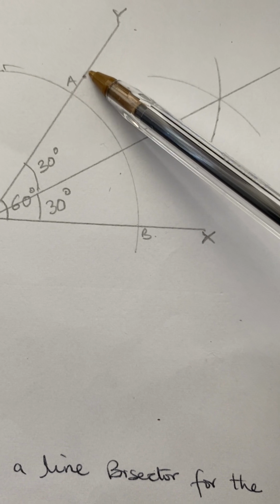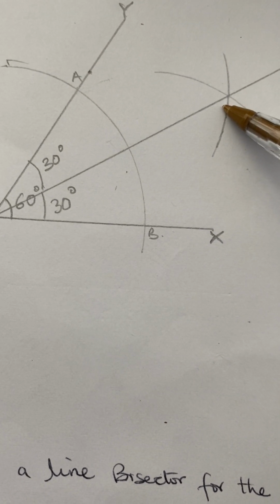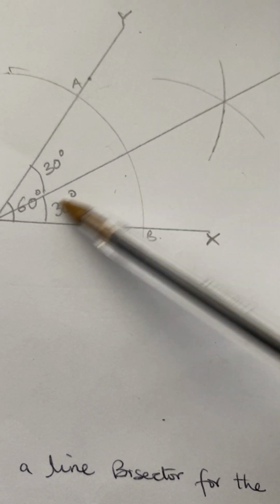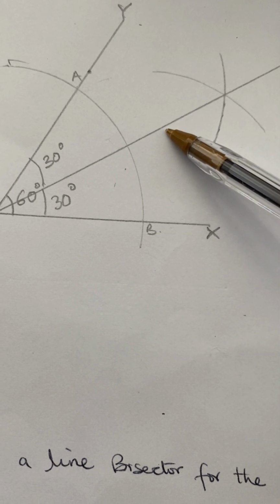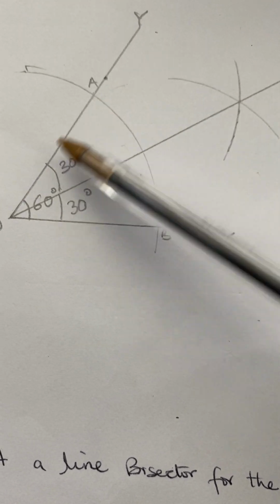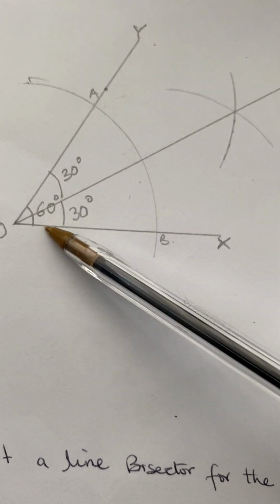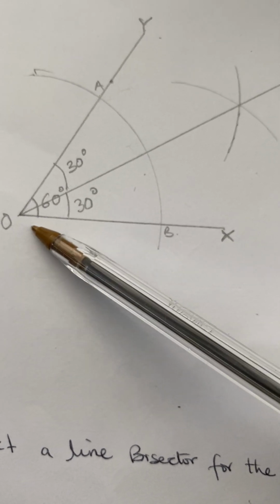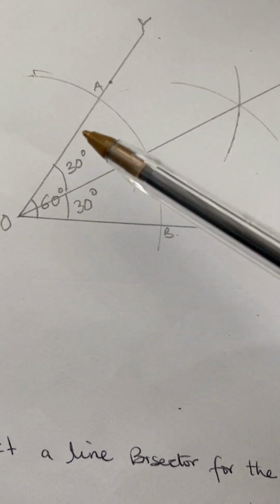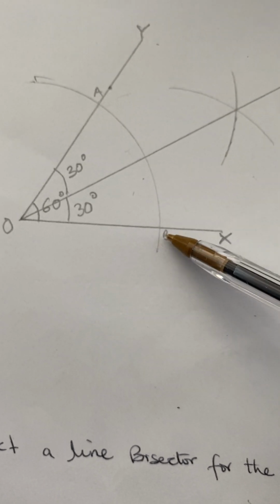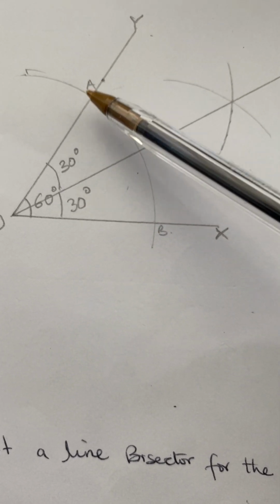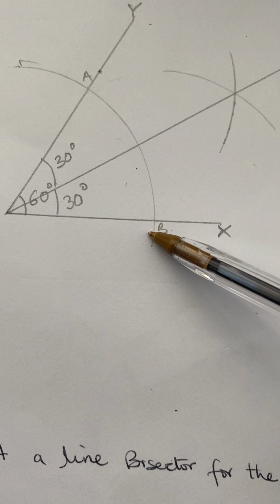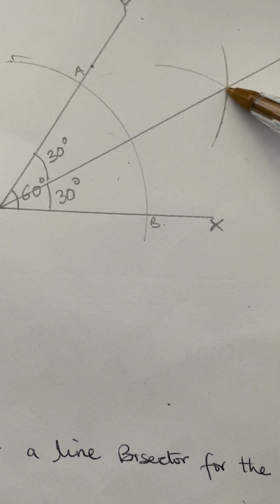Because if I choose this point and draw an arc, and I choose that point there and draw an arc, I wouldn't get it bisecting. So to get the same distance on OY and OB, I have to draw my first arc. As you can see, OB and OA have the same distance. So now B becomes my reference, A becomes my reference. So from A, I draw this arc, and from B, I draw this arc.